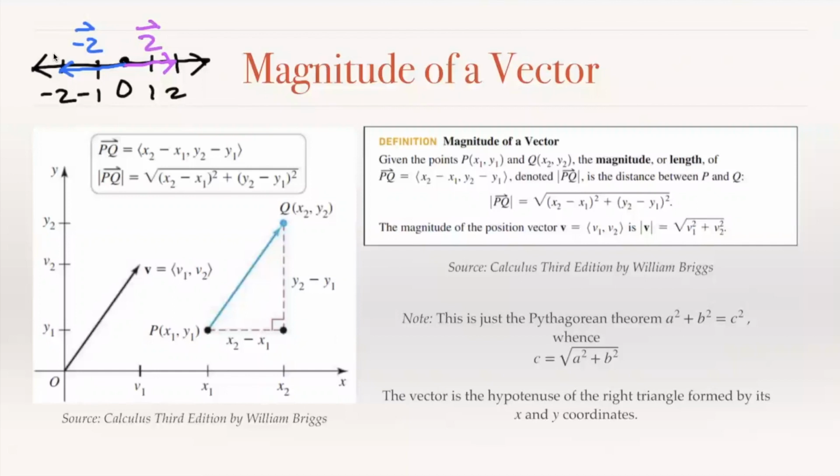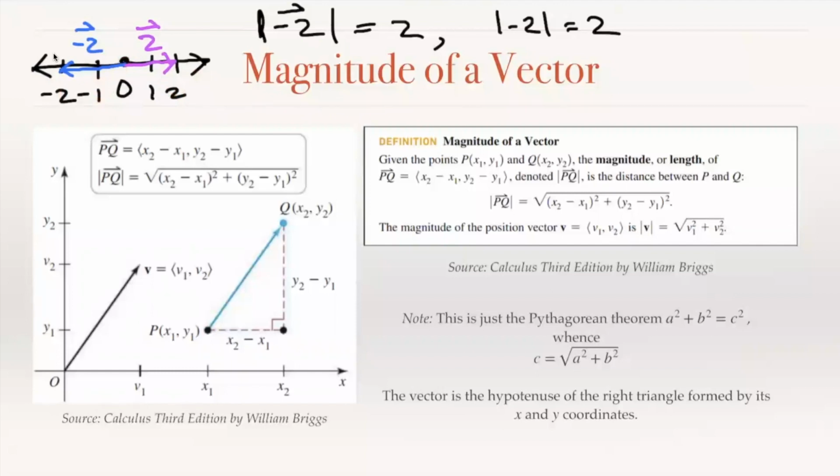And the absolute value of the negative 2 vector is 2, in the same way that the absolute value of negative 2 is 2. So the use of the absolute value sign here is appropriate, and it generalizes the absolute value on the ordinary real number line when we think of numbers as one-dimensional vectors.